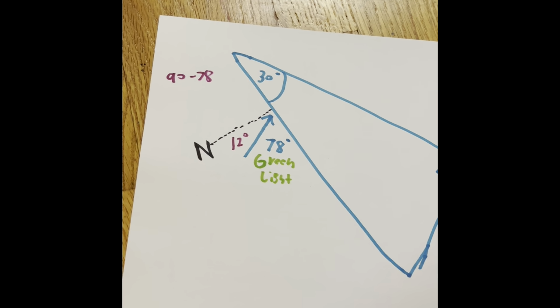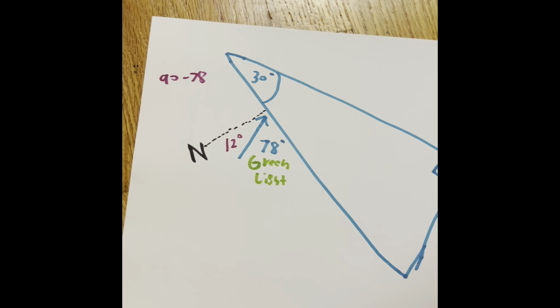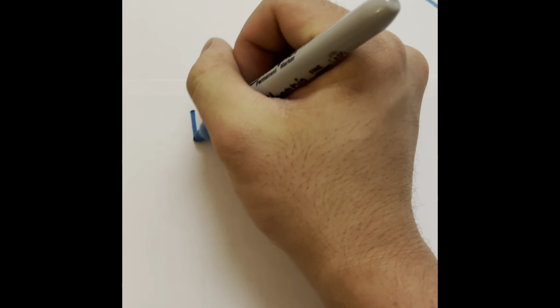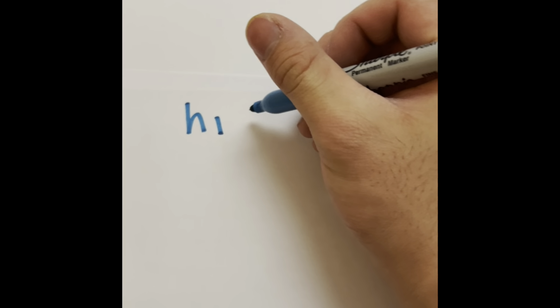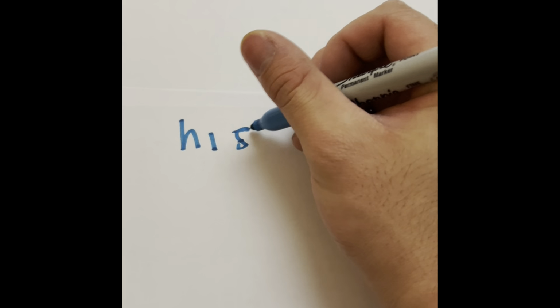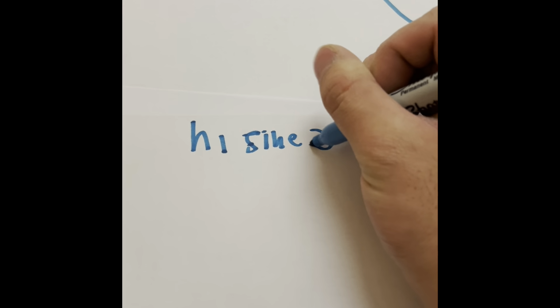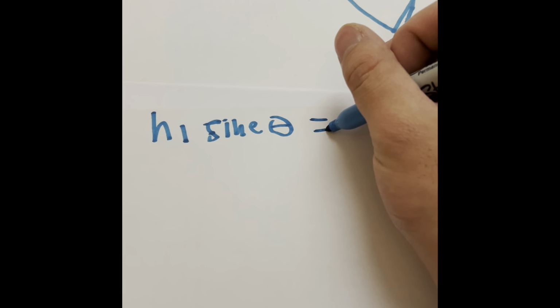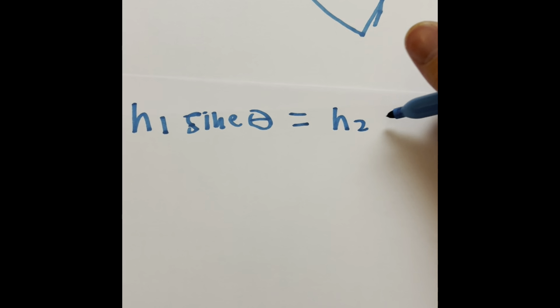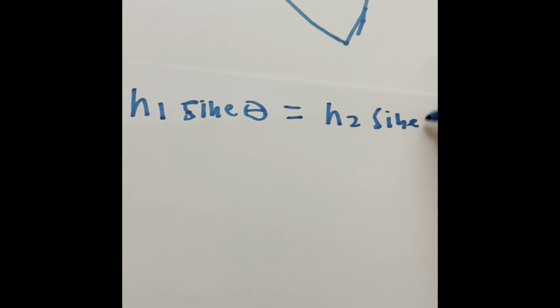So we have all the parts for our first Snell problem. Remember, Snell's law is n1 multiplied by the sine of theta 1 is equal to n2 times the sine of theta 2.